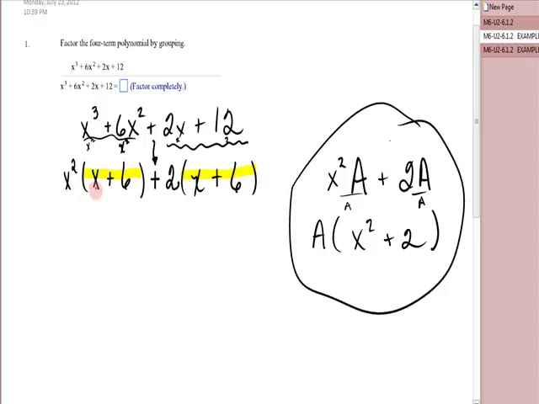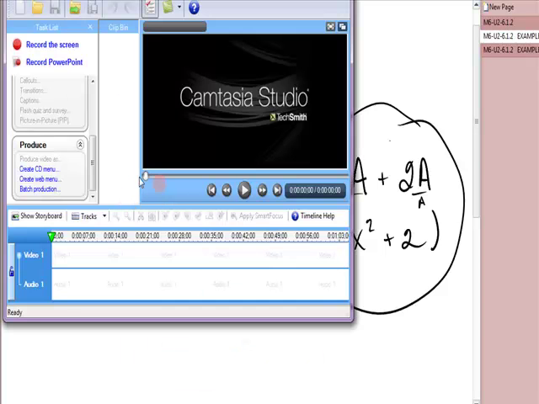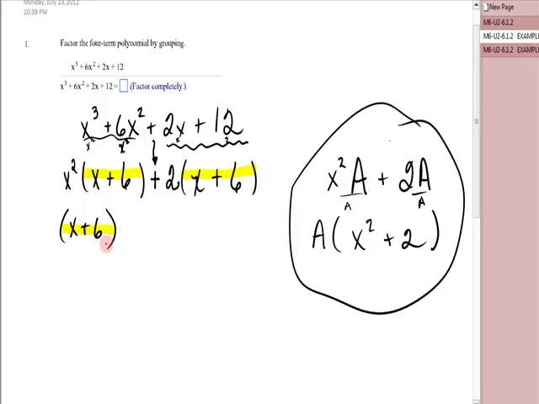Let's look over here. I see a common binomial of x plus 6. I'll factor it out, which means sort of yanking it out in the front. And what will be left? Well, if I took this factor out, I'd be left with an x squared for the first group.